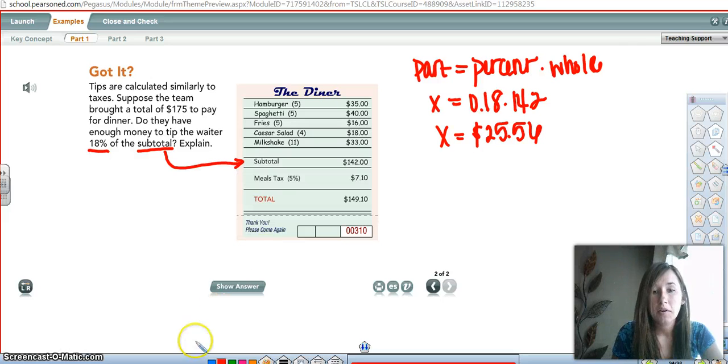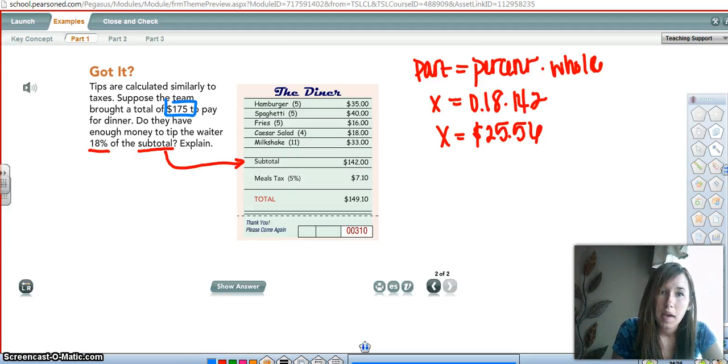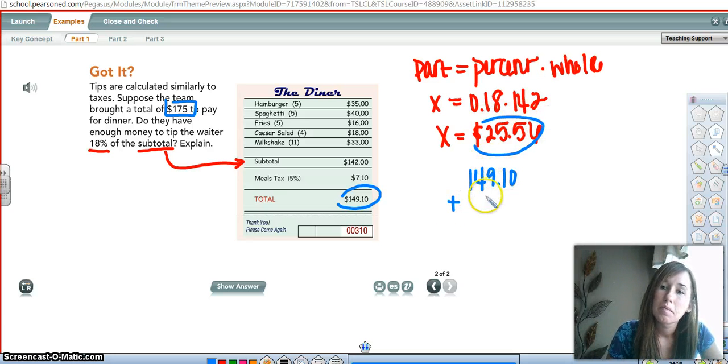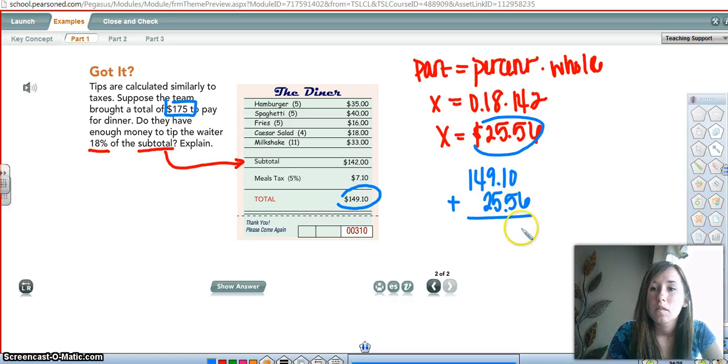Now we want to know if they have enough money to pay for this tip and their meal. So we need to pay the full total price of the bill and the tip, and let's see how much that is. Looks like they will have just enough.